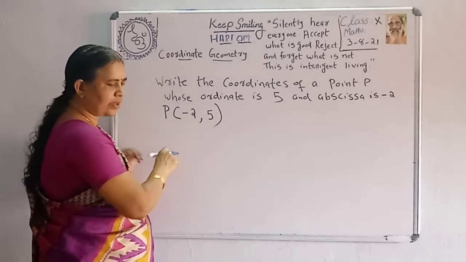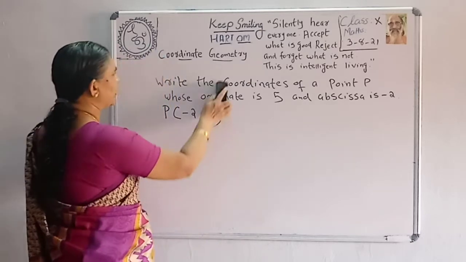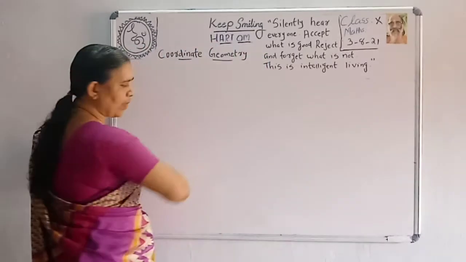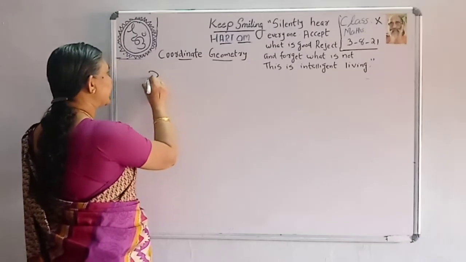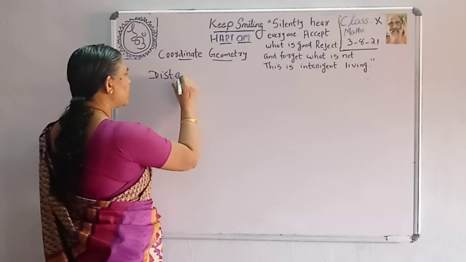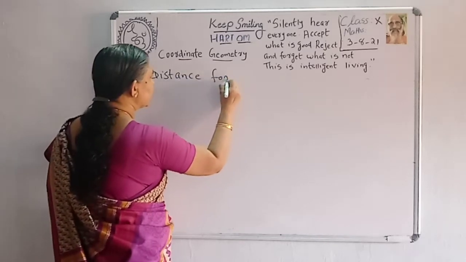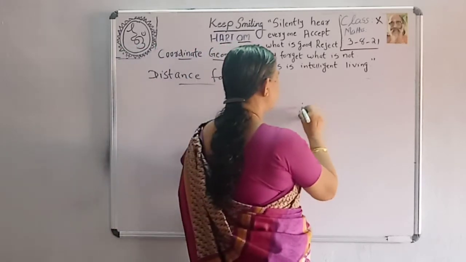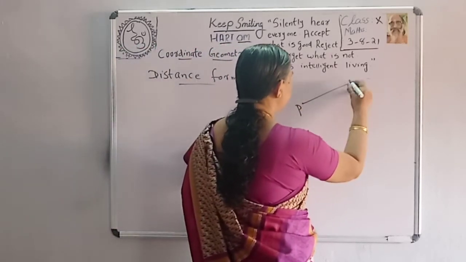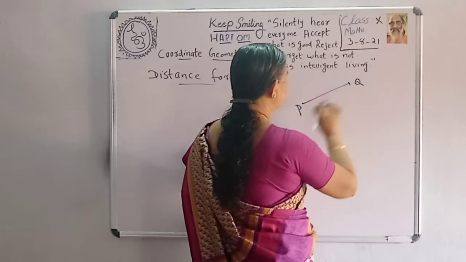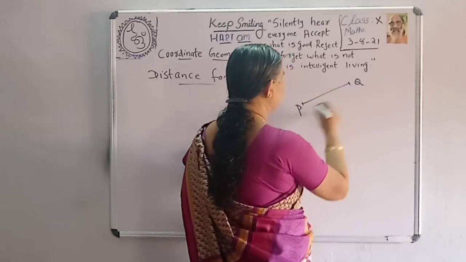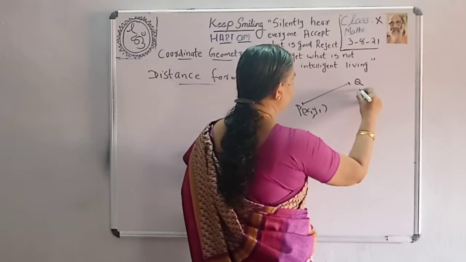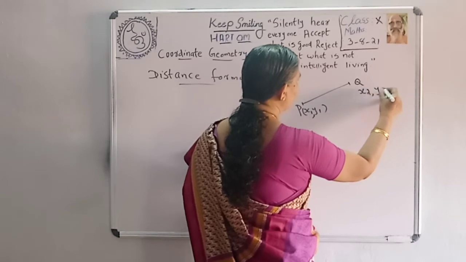Okay. Then today we can study how to find the distance between two points. Distance formula. Then find the distance between P and Q. The coordinate of P is x1, y1 and the coordinate of Q is x2, y2.